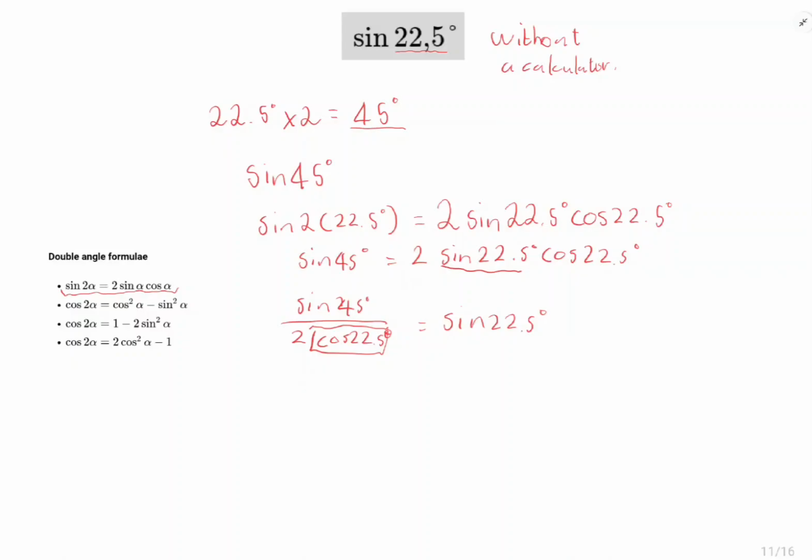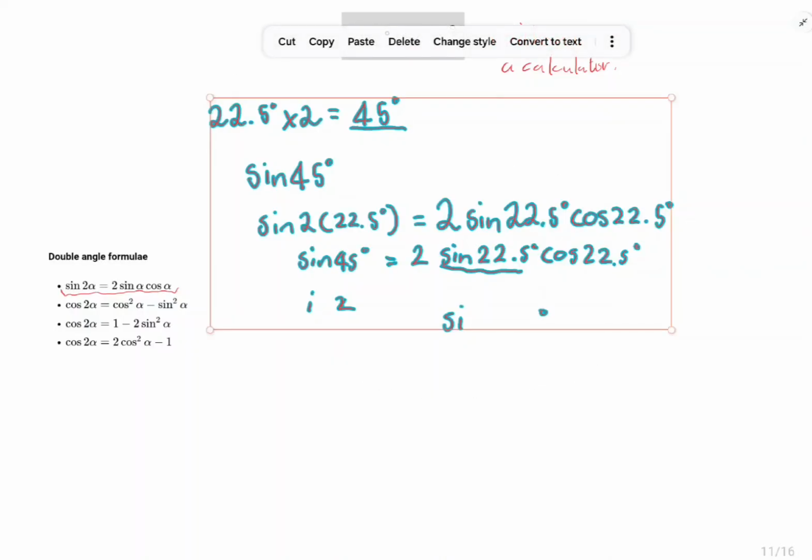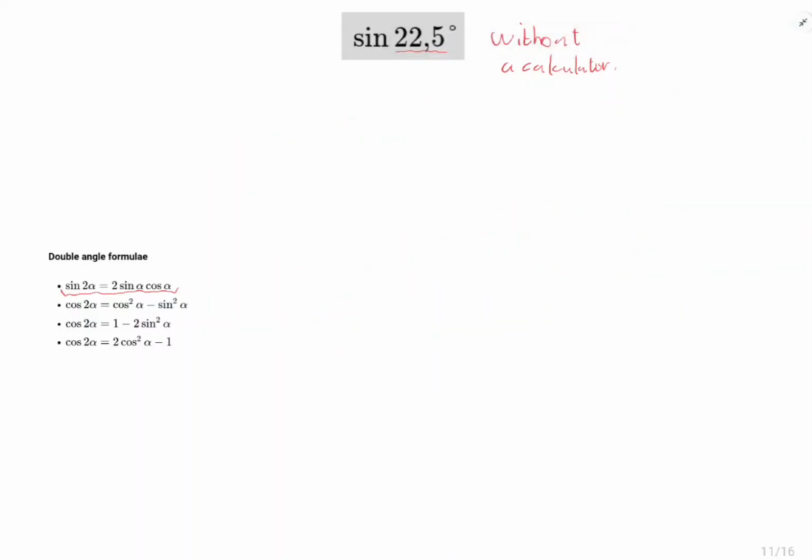Maybe we can work with cos 45 degrees. Let's see how we're going to do that. Let me just erase everything here. Delete. So let's try to work with cos 45 degrees using the same principle.